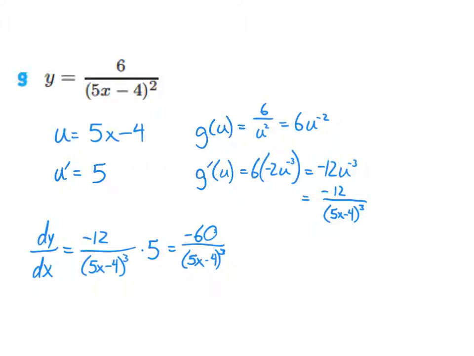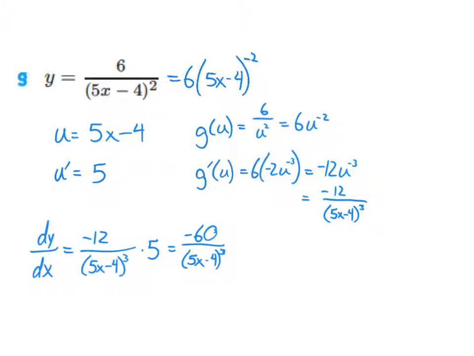All right? Now, listen, I'm writing down everything. If you're not sure what to do with this, you need to make sure that you actually write out this process. Eventually, what we want you to be able to do is just rewrite this as 6 times (5x minus 4) to the negative 2, and then just write down the whole thing.